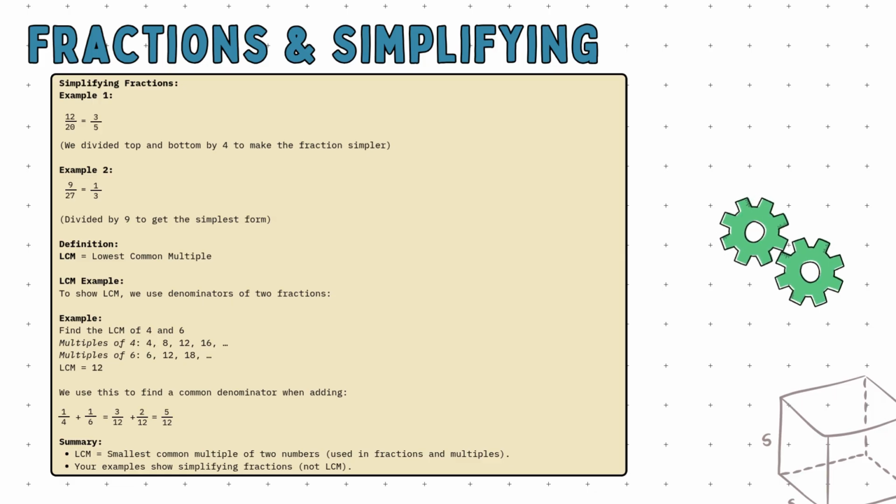For instance, our examples: 12 over 20 makes 3 over 5, and 9 over 27 makes 1 over 3. They are all examples of simplifying, not the LCM. Knowing your timetables makes everything easier, so please go and study them very well so that you can remember them.